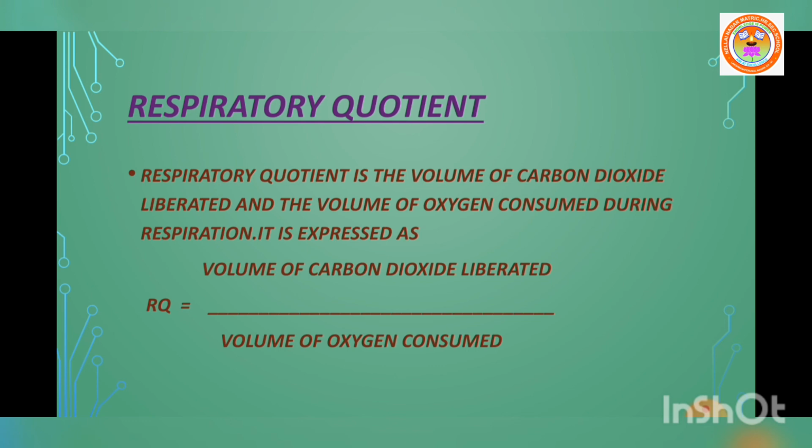Aerobic respiration has 3 different stages: glycolysis, Krebs cycle and electron transport chain. Anaerobic respiration takes place in the absence of oxygen, and respiratory quotient is the ratio of volume of carbon dioxide liberated and the volume of oxygen consumed during respiration. That's all about respiration.